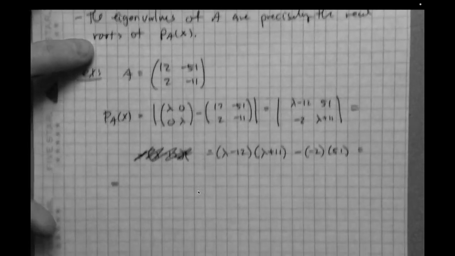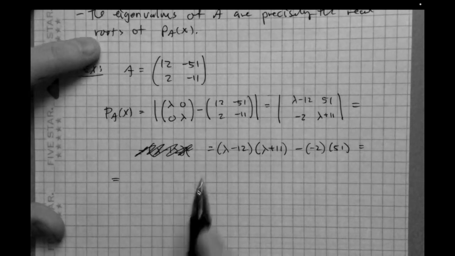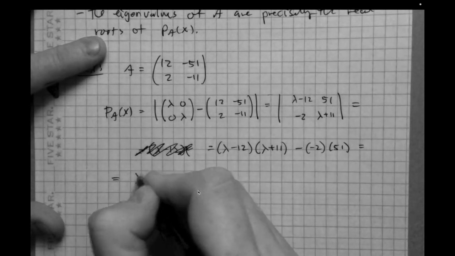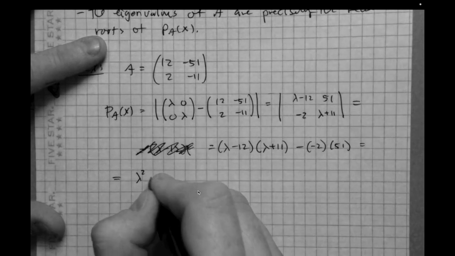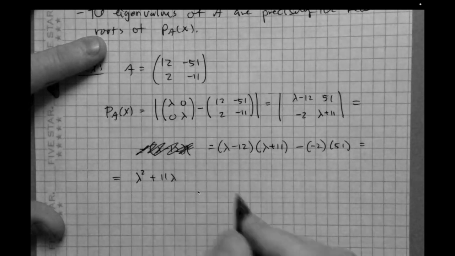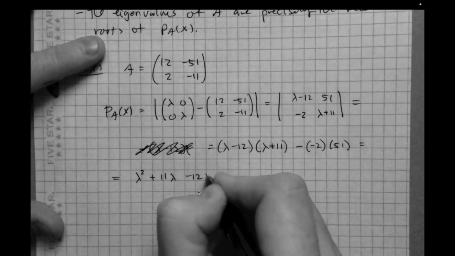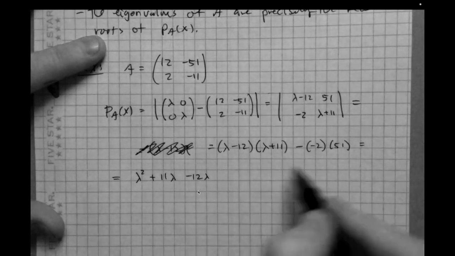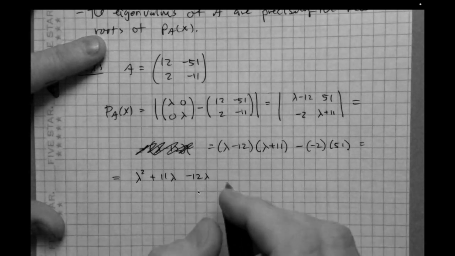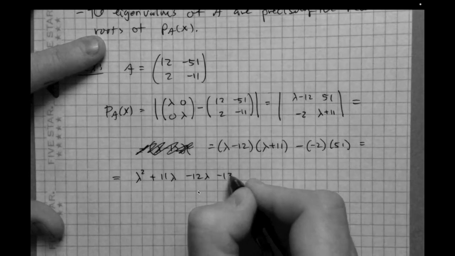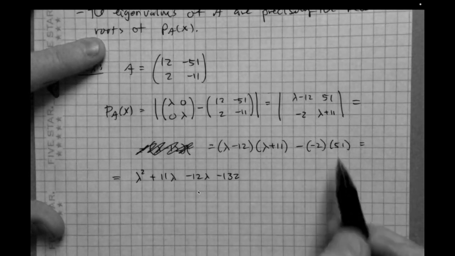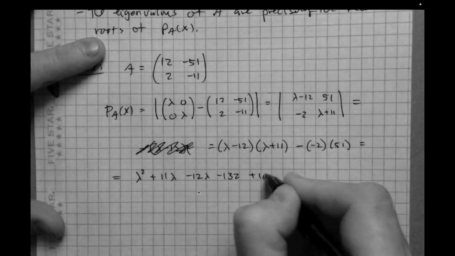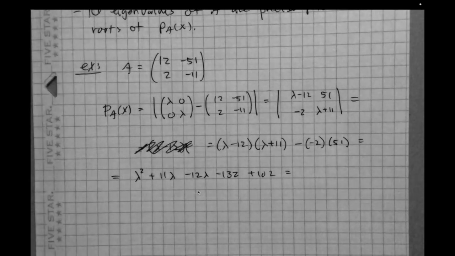Can we simplify this? We get lambda squared plus 11 lambda minus 12 lambda, and then 12 times 11 makes a minus 132, and then this is plus 102, since 51 times 2 is 102.